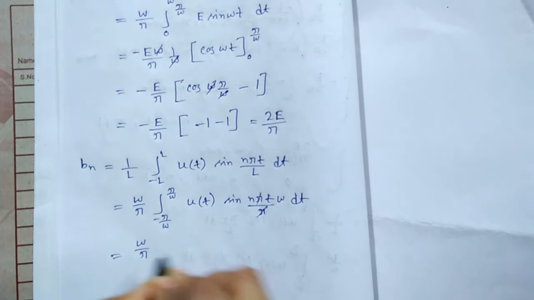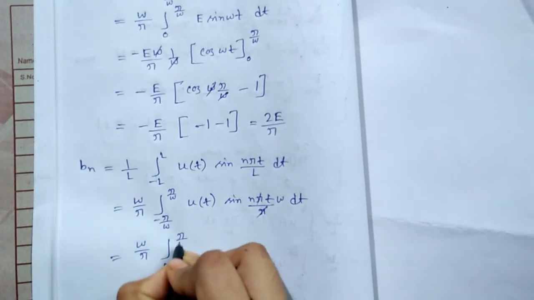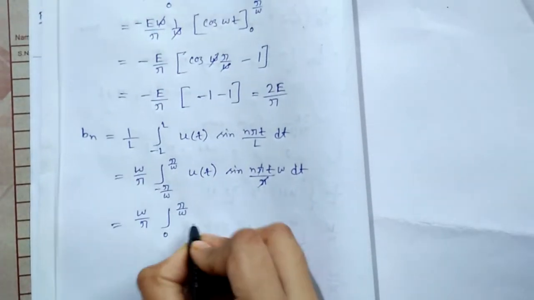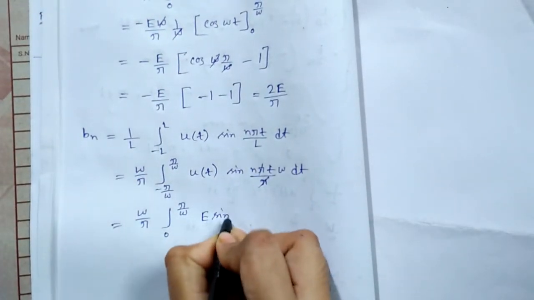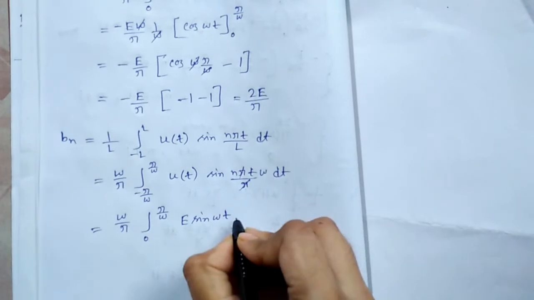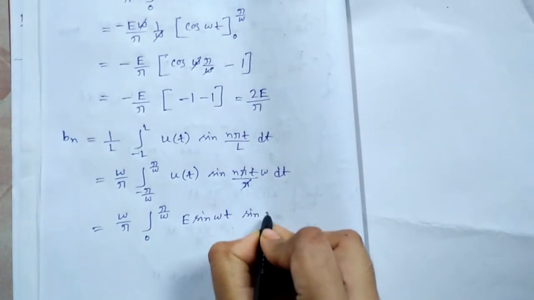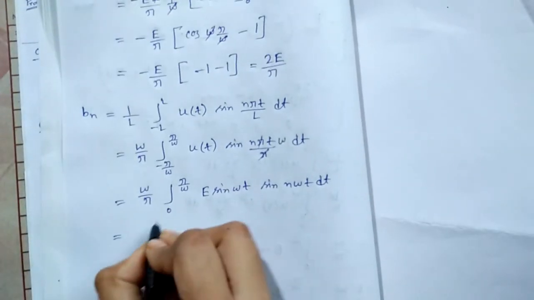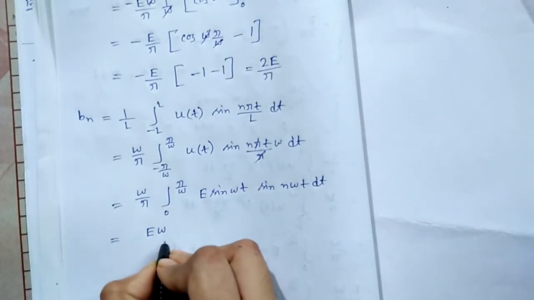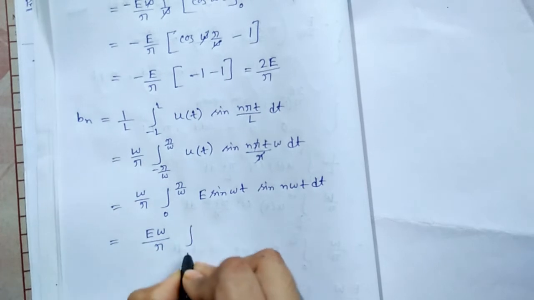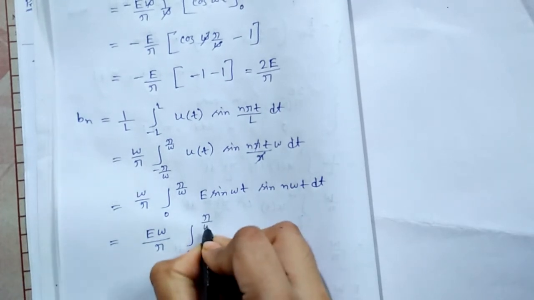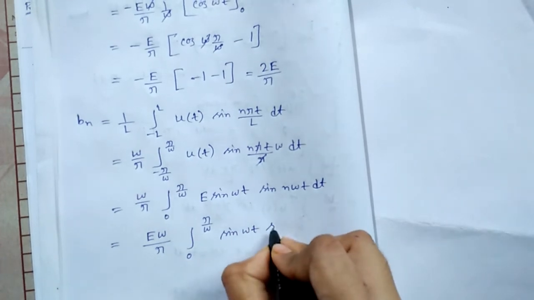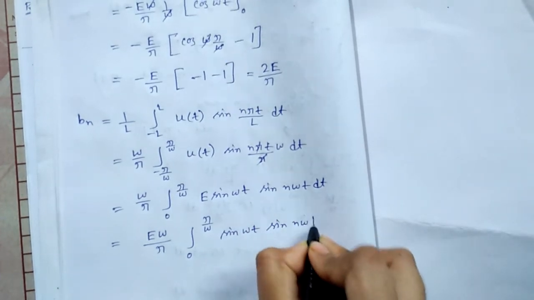Then again, pi by omega, 0 to pi by omega, u(t) is e sin omega t, and this is sin n omega t dt. This is equal to e omega by pi, integration 0 to pi by omega of sin omega t sin n omega t dt.